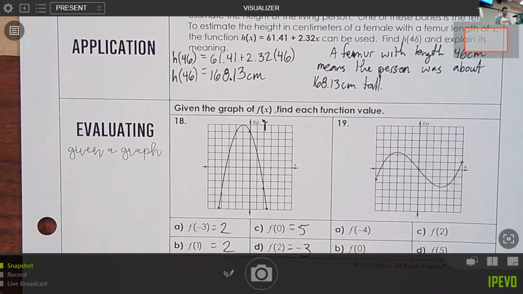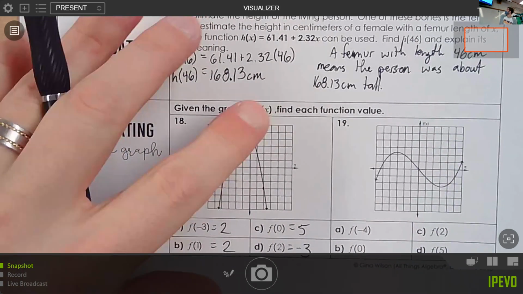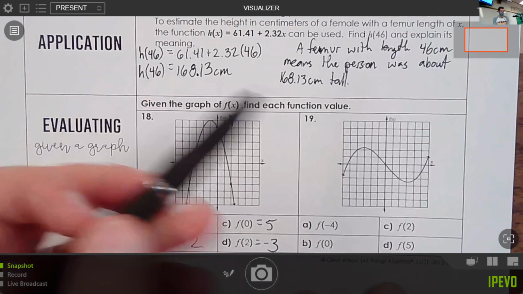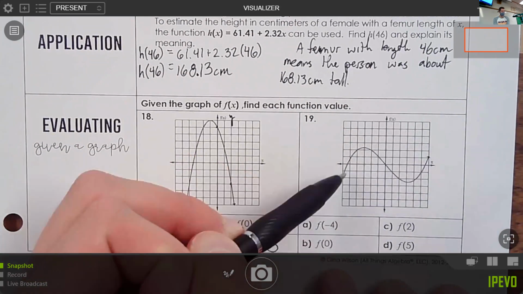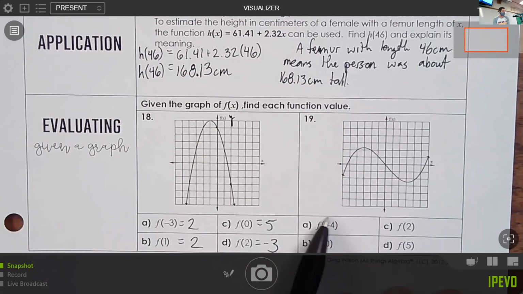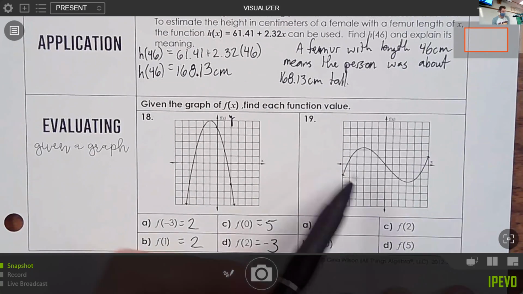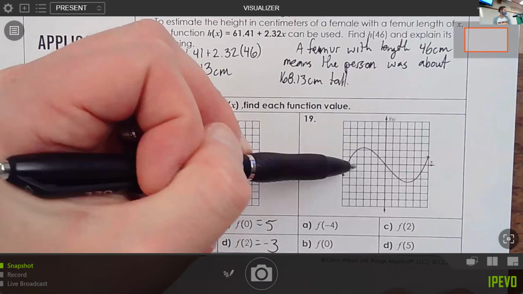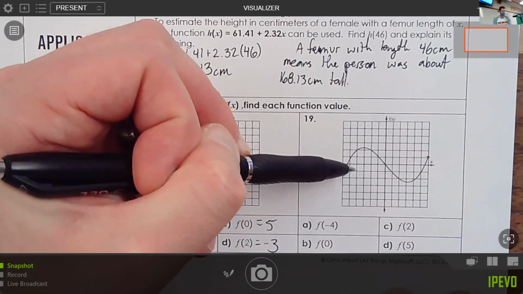So on number 19, we're basically finding a point along this curve, right? We're finding the up or down value on this curve here. First we're going to go -4 on the x-axis. So left 4, 1, 2, 3, 4. And then to get to the curve, we have to go up from there. How far up do we have to go to get to the curve from -4?